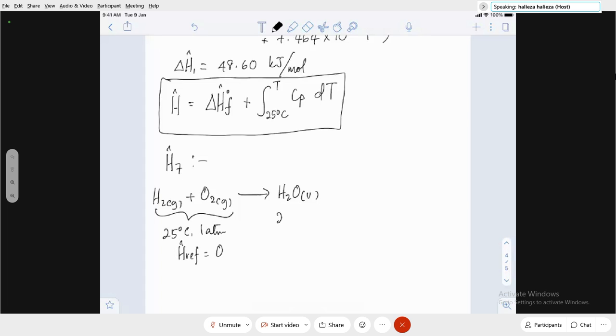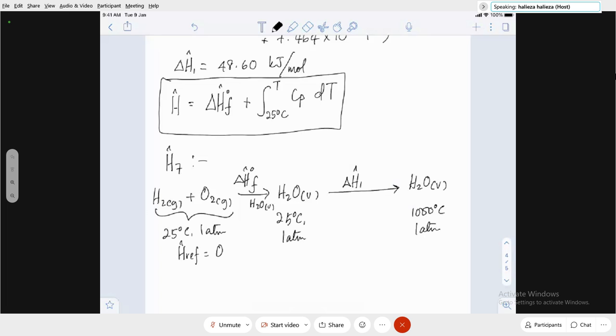The formation is going to be at the same temperature, 1 atm and 25 degrees C. After that, because your product is coming out at 1000 degrees C, you have to heat it up from 25 to 1000 degrees C. So that is your vapor. Over here you have your heat of formation for water vapor, and over here you have your heating that you need to carry out.